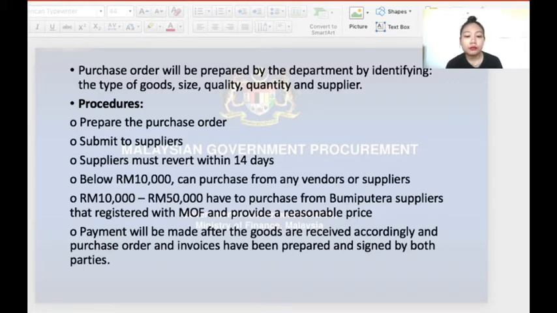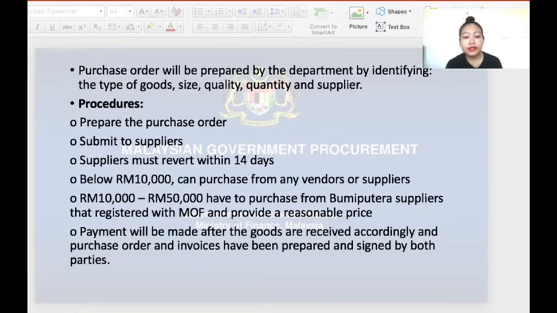And if the amount is below 10,000 ringgit, you can purchase from any vendors or suppliers. But for the amount of 10,000 ringgit to 50,000 ringgit, you have to purchase from Bumiputra suppliers registered with MOF, the Ministry of Finance, and provide a reasonable price.